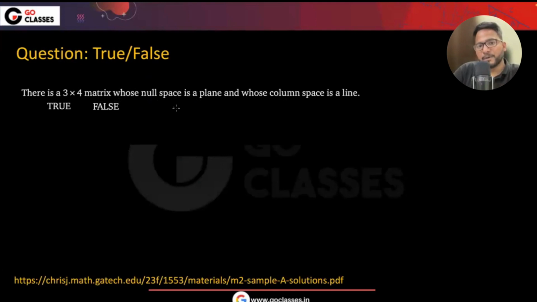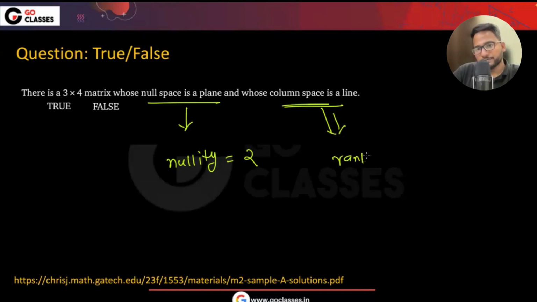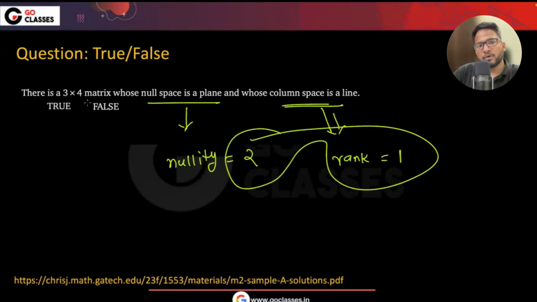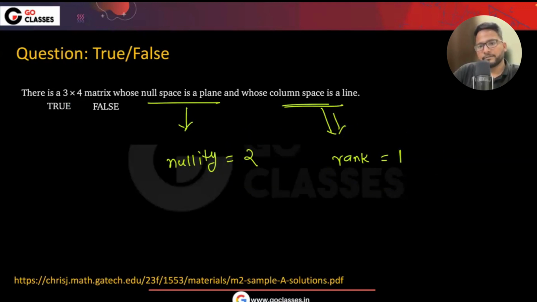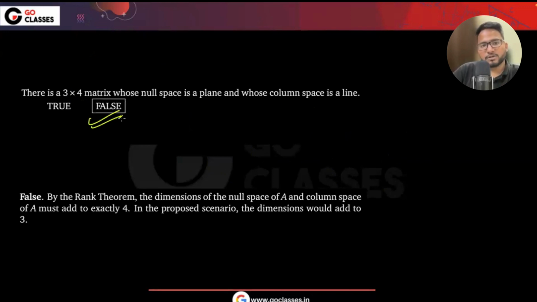Null space is a plane, which means the dimension of the null space, the nullity, is 2, right? And column space is a line, which means rank is 1. Is the summation giving you the number of columns here? No, right? So that's why it is false. False by the rank-nullity theorem. The dimension of the null space and the column space must add to exactly 4. In the proposed scenario, the dimensions would add to 3.